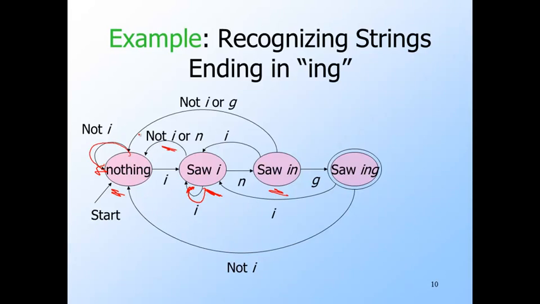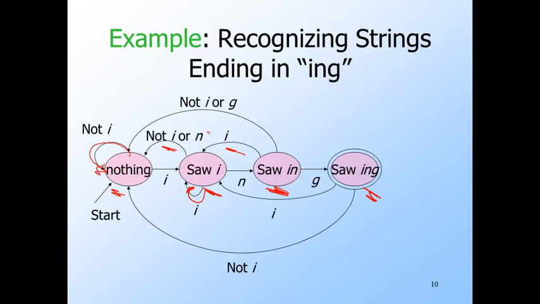In state saw IN, if we next see a G, then we win. We have just seen ing as the last three symbols, so we go to the accepting state saw ING. On the other hand, if from state saw IN we next see an I, then the pattern ing is broken, but a new pattern beginning with I has started, so we go into the saw I state.